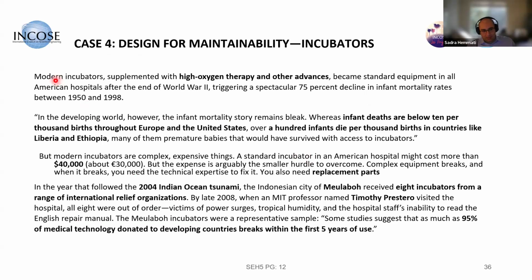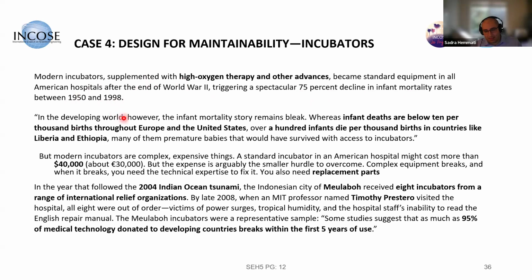Even now in our modern time, in hospitals, we have modern incubators. They do high oxygen therapy and other advances, and it's a standard, which has helped to reduce infant mortality by 75% between 1950 and 1998. So that's for US or American hospitals, but in the developing world, the context is different, the story is different.